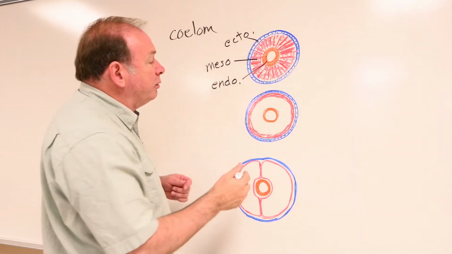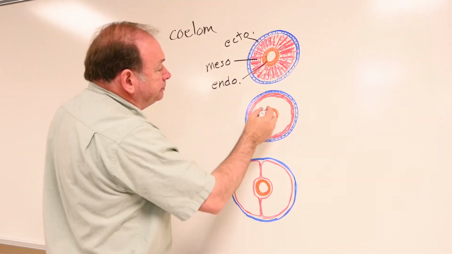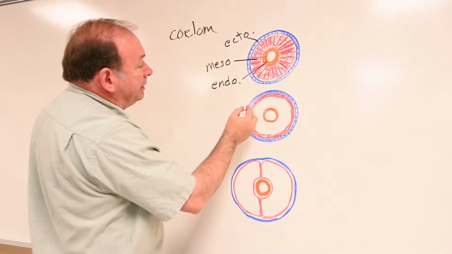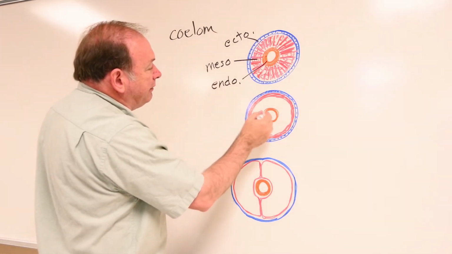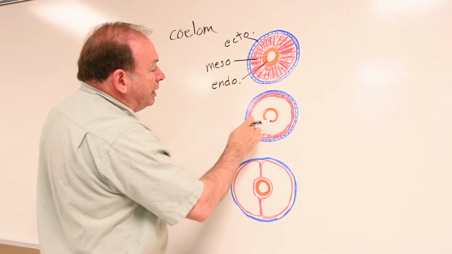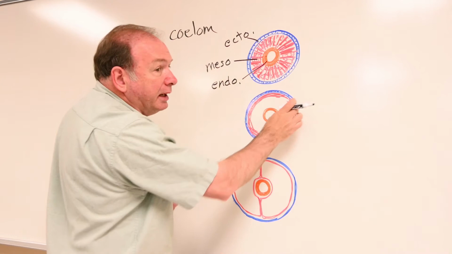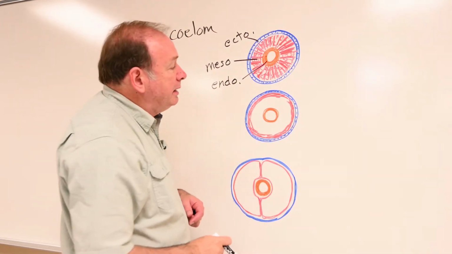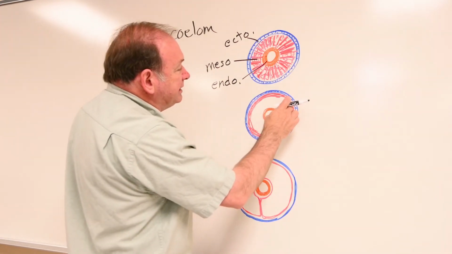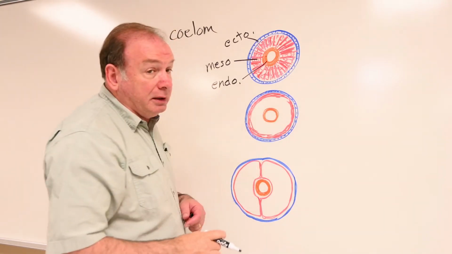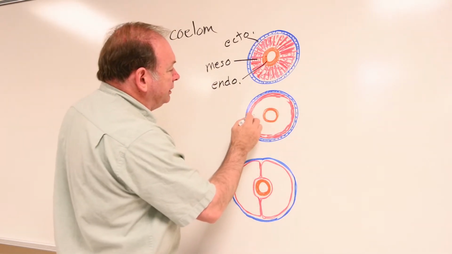Later, when you get into the roundworms, you get this pseudocoelom condition. So we have the ectoderm, we have the endoderm, we have the mesoderm, but the mesoderm is only found out here adjacent to that outer ectodermal layer. And since there's not another layer of mesoderm around the gut here, that's why we call it a pseudocoelom.